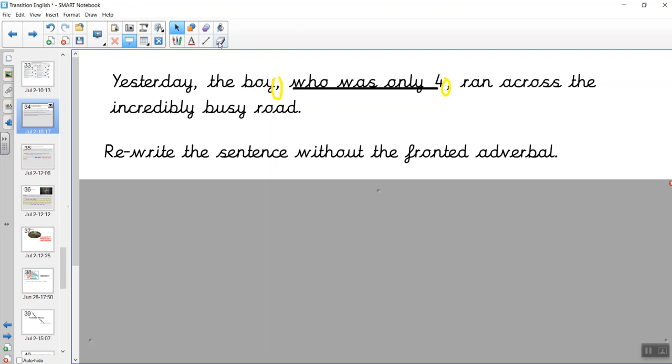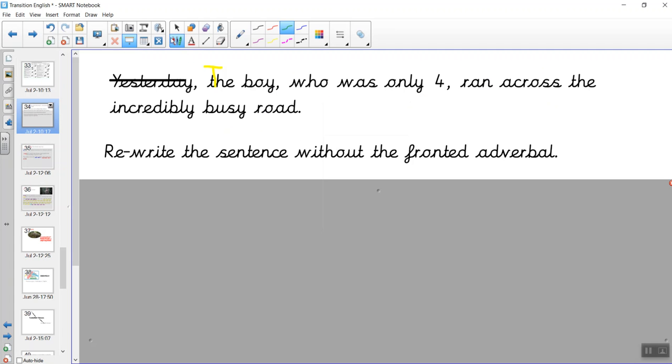Okay, let's just rub out my commas so they don't get in the way. Let's just take away my underlining there. Okay, so if I rewrote it without the fronted adverbial, I would take out yesterday and I would then need a capital letter in there. Gosh, I wasn't expecting that to be yellow. So the boy, who was only 4, ran across the incredibly busy road.